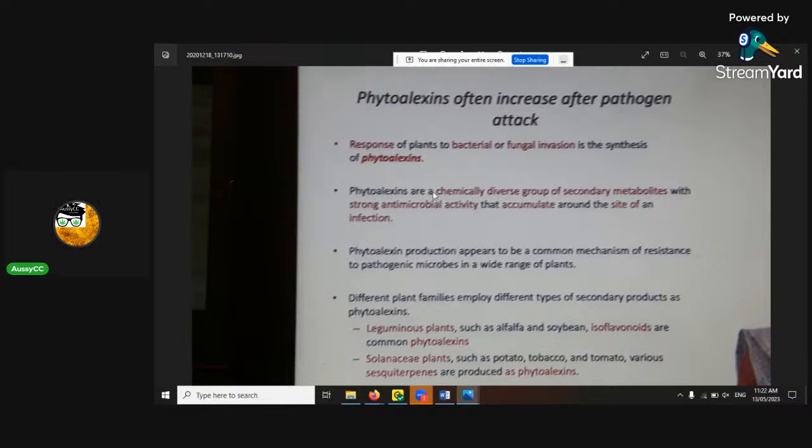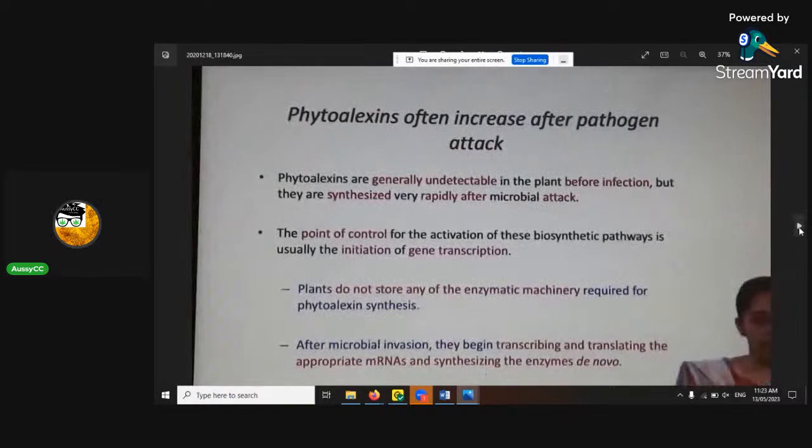That's because it's activated this pathway, the hypersensitive reaction, killing all the cells around the problem to stop it spreading. Phytoalexin production appears to be the most common mechanism of resistance to pathogenic microbes in a wide range of plants, including medical cannabis.